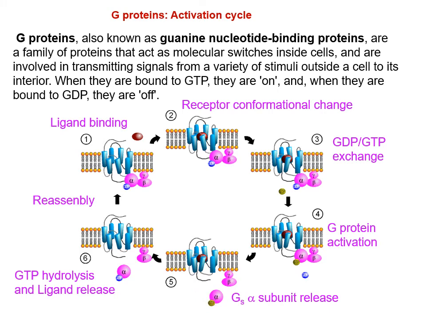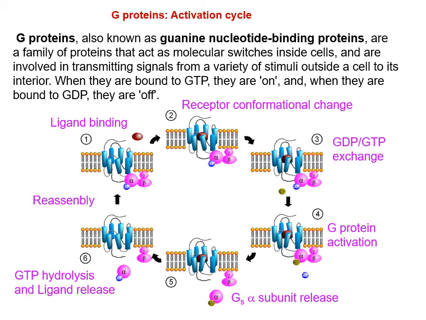Although this scheme doesn't represent what I'm going to say, the beta and gamma can also form a complex that can dissociate from the receptor to elicit other functions.